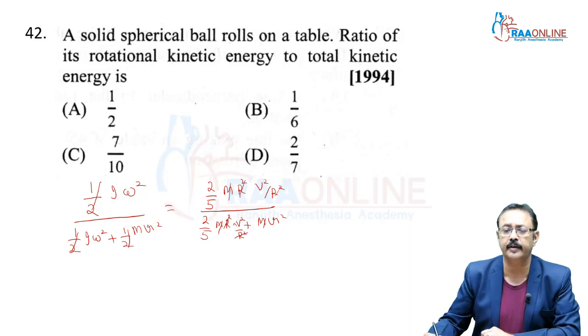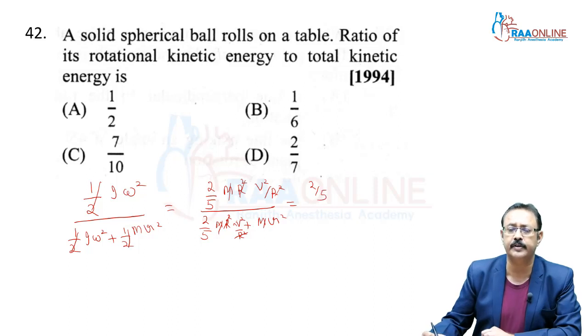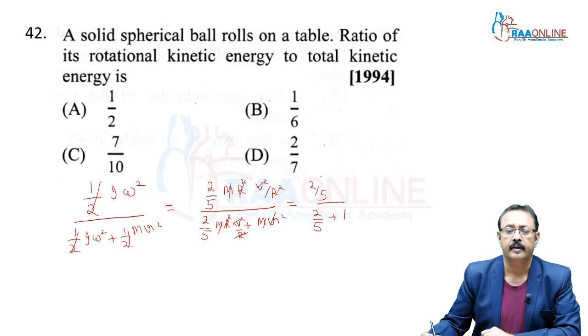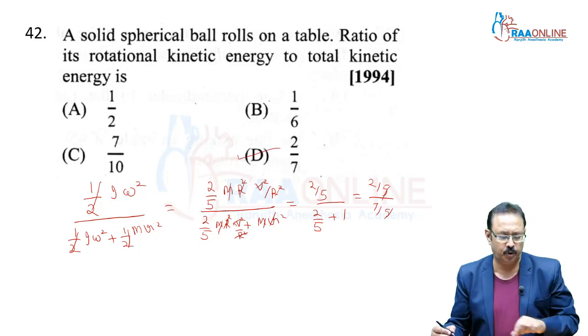So what we are getting? 2 by 5 divided by 2 by 5 plus 1, which is 2 by 5 divided by 7 by 5, 5 with 5. So we are going with D, 2 by 7.